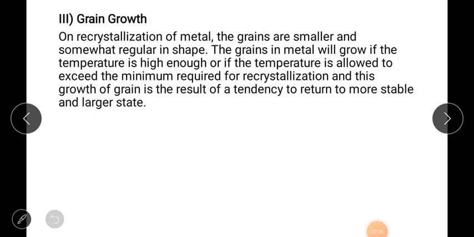Now, about grain growth: on recrystallization of metal the grains are smaller and somewhat regular in shape. Small grains and regular shape, uniform grains.